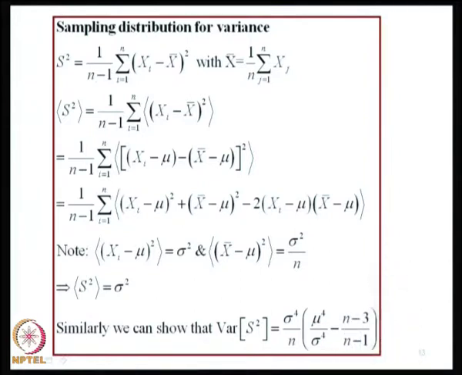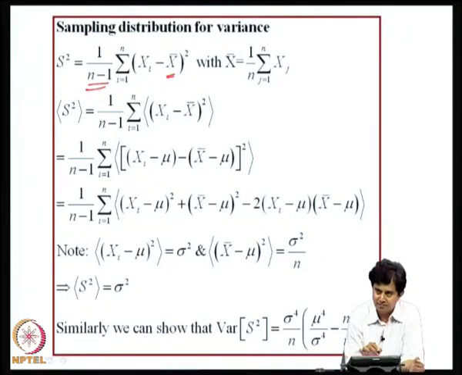Please see that I am dividing by n minus 1, not by n.